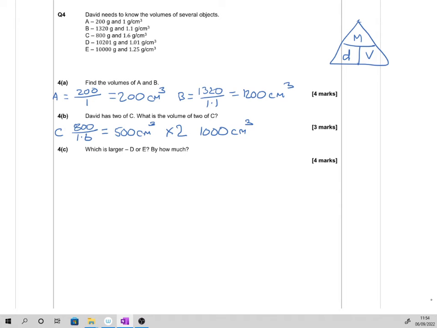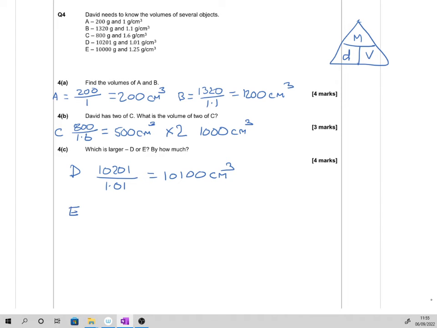It's more complicated. Which is larger, D or E? So we've got to find the volume of D, which is 10201 divided by 1.01, which equals 10100 centimeters cubed.